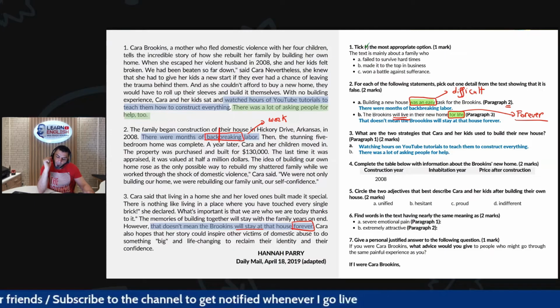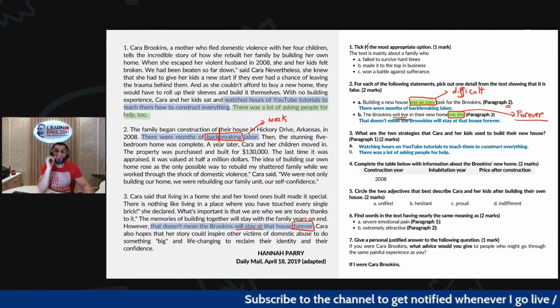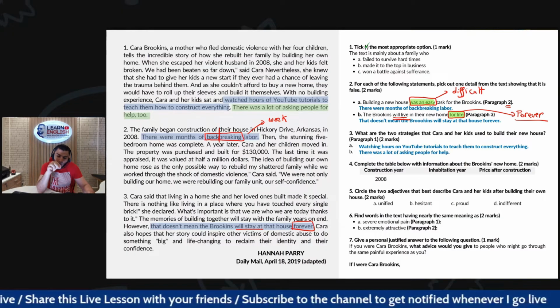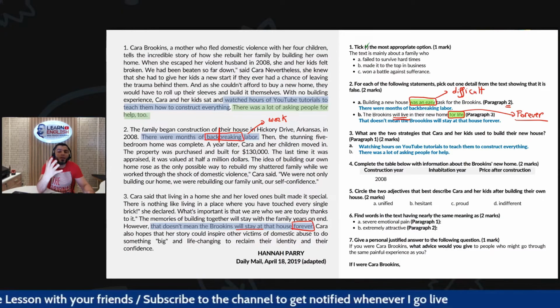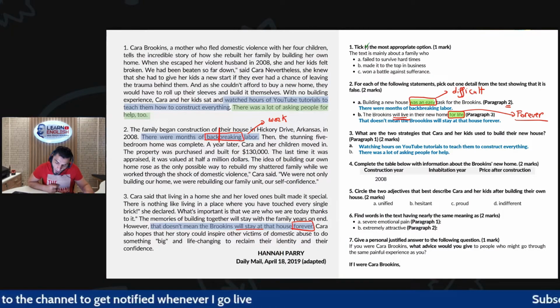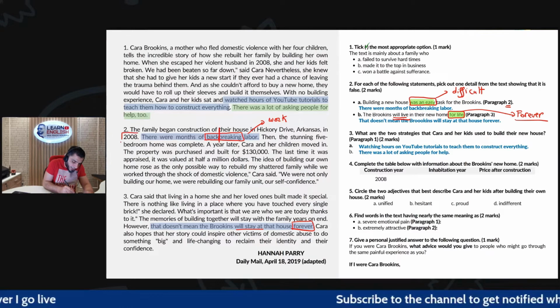Great. Question number 4. Complete the table below with information about the Brookens' new home. So here we have that this family built this new house in 2008, but we want to know when this family lived in this house. So we will find the answers in the second paragraph.